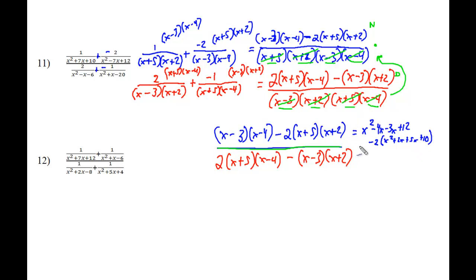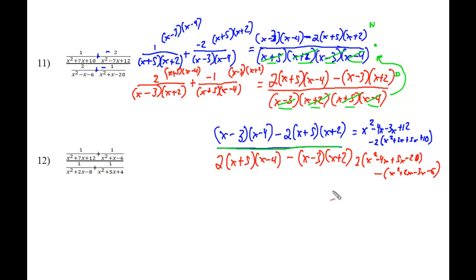And that's where things get a little bit scary here, because we're having to do so much work to simplify these terms here. So I'm going to multiply 2 times x squared minus 4x plus 5x minus 20 minus x squared plus 2x minus 3x minus 6.